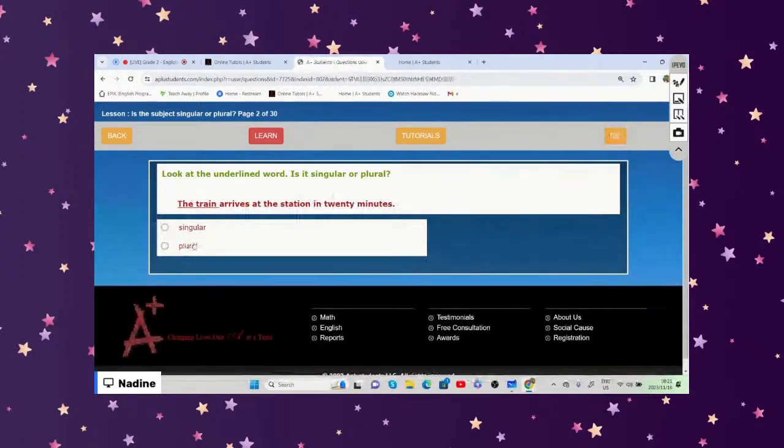So well done. The train arrives at the station in 20 minutes. So is the train referring to one train or more than one train, meaning is it singular or is it plural?